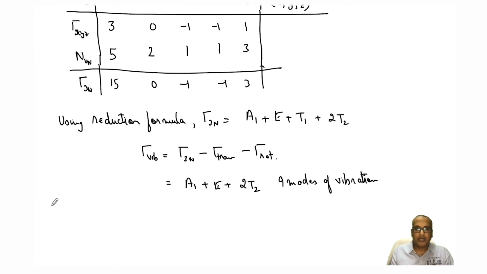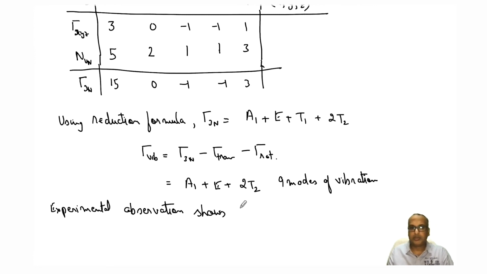So now if we compare the experimental observation, it shows 4 lines in the vibrational spectrum. So although the modes are 9, we only see 4 lines. Why do we see 4 lines? Because there are 4 sets of modes. 2 of them are degenerate in one, 3 of them are degenerate in another, and 3 of them are degenerate in another.